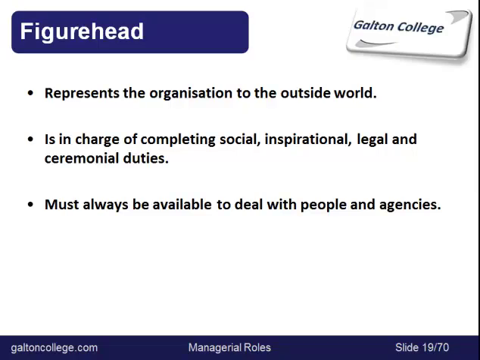The manager must always be available to deal with people and agencies. So the manager is always present. The manager is always available when required. And the manager has got status and authority.